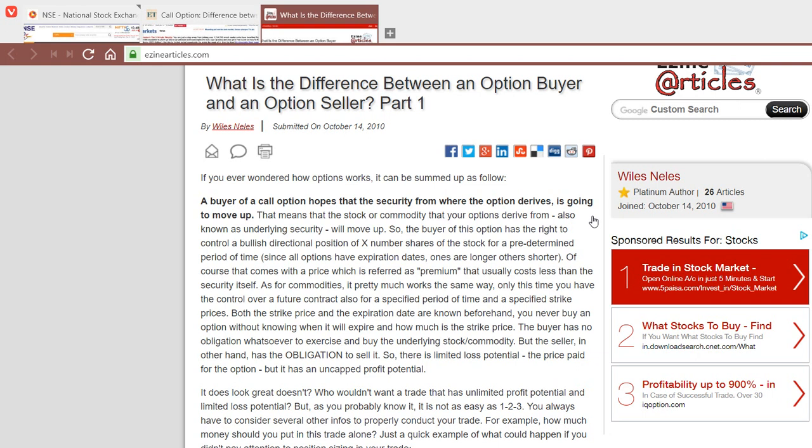Now, there are two other scenarios where you will lose. One, if your view is wrong, if the market goes up, you are wrong. And the second is if it is trading in a range. If the index or the security is trading in a range, that means neither going up, then coming down, then going up, it's trading in a range. That's known as a range bound market. When it happens, the option buyer loses.